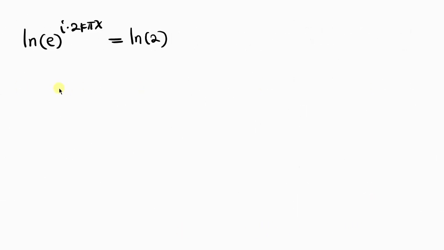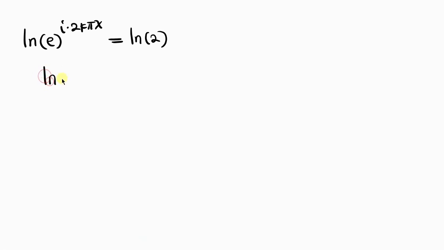All right. Now let's apply this famous law or property of logarithm, which says when I have ln of a to the n, this is equal to n ln of a. Now we take the exponent, which is i times 2k pi x, times ln of e.